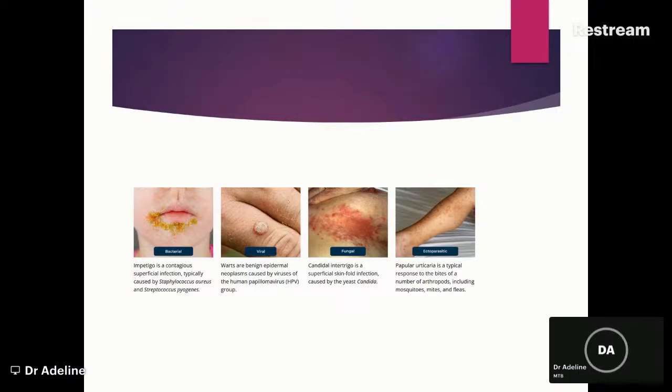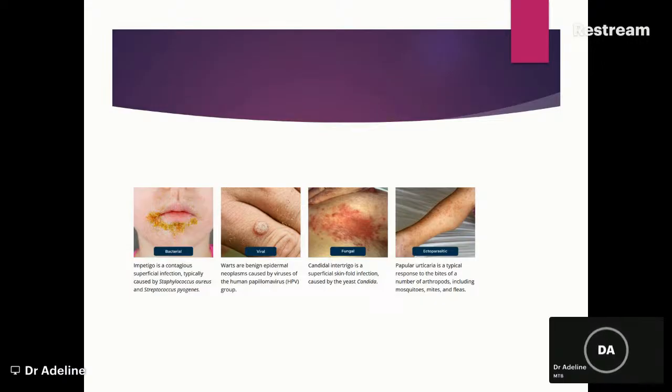These are a few examples, clinical pictures of infections that can be seen commonly. One of the most common examples of a bacterial infection is impetigo, which is contagious and is a superficial skin infection, most commonly caused by Staph aureus and Streptococcus pyogenes. Another common example, a viral one, would be the warts that we usually see regularly.